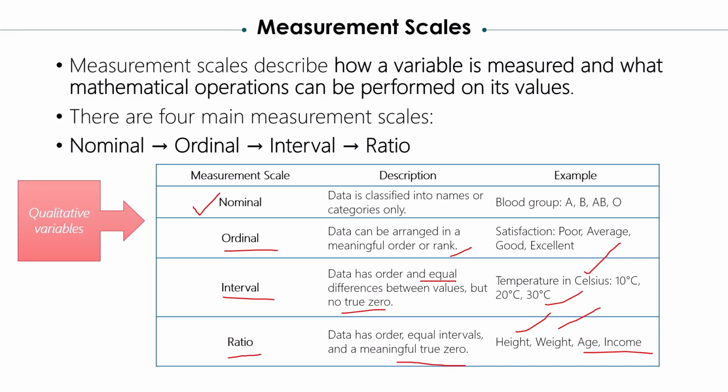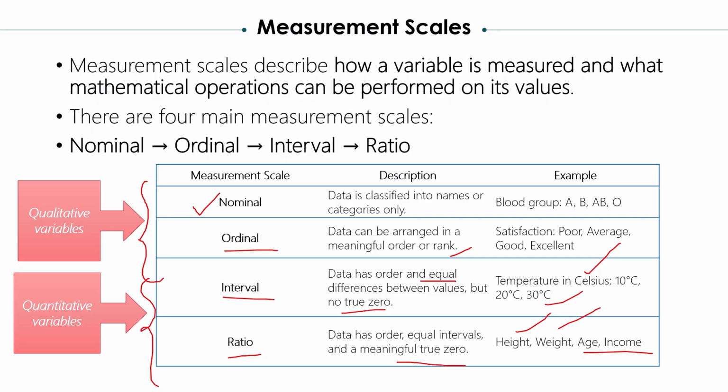The first two are responsible for collecting qualitative variables, that is categorical variables, and the last two are responsible for quantitative variables, that is metric variables. So if all the data is numerical, we go with these two scales, interval and ratio.